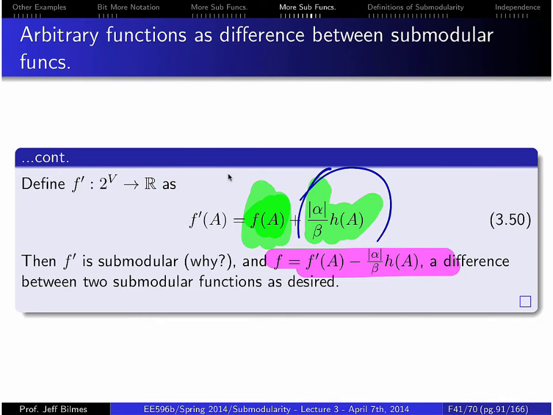Let me try to say that again because my tongue is being twisted into knots. What I'm trying to say is, yes, you can prove this by just going ahead and using the square root of cardinality or some other strictly submodular function that really has nothing to do with f. On the other hand, it becomes more interesting if you can find a decomposition into a difference of submodular functions where each one of these submodular functions represents some truly structural component in the original f. Like, I think a good example is in the case of mutual information.